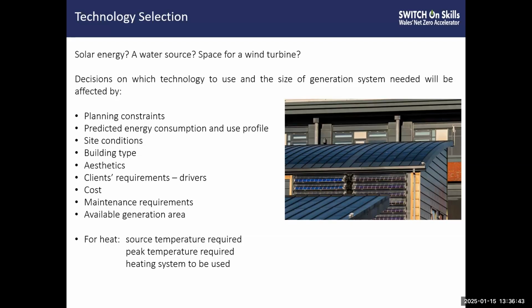For example, if using building integrated photovoltaics, the roof dimensions may be determined by the size of the PV modules. So those things need to be thought about in the design process stage.